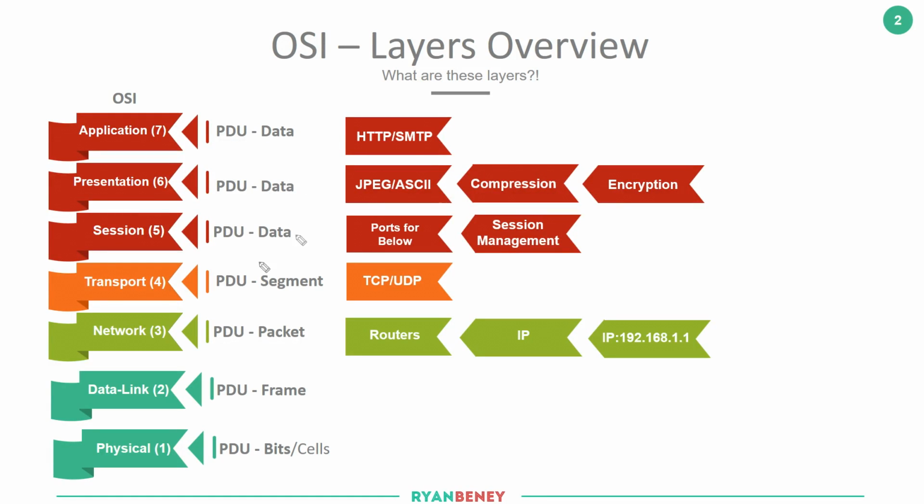Okay, moving on, the first layer that we're going to discuss in this video is the network layer. The PDU for the network layer is called a packet. It's important to remember, the same way it's important to remember the PDU for the transport is segment, and for all the ones that we've discussed above the transport layer it is data. We also here come across our first bit of hardware that's important to mention that runs at a particular layer within the OSI model, and that's a router.